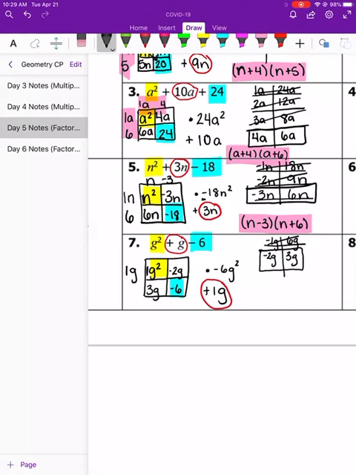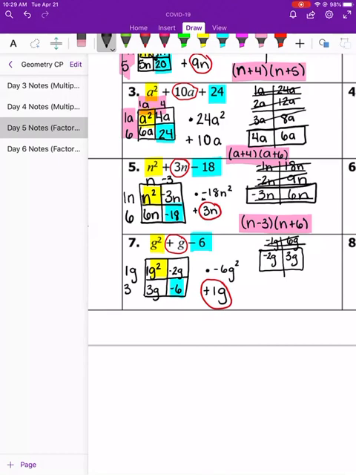Then I'm going to go to my second row, so 3g and negative 6. Well, I know I can take a 3 out of a 3. Can I take a 3 out of that 6? So I'm going to take a 3 out. I can't take a negative 3 out because I don't have a negative in front of that. And then I have a G and no G. So I can only take out that 3.